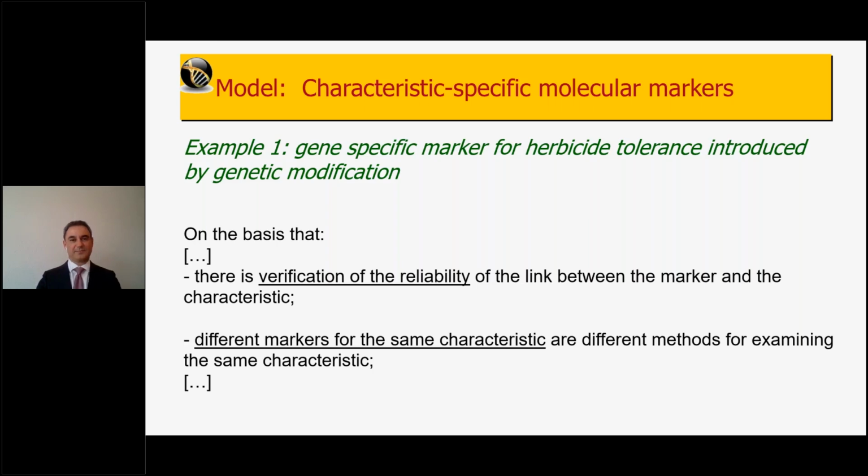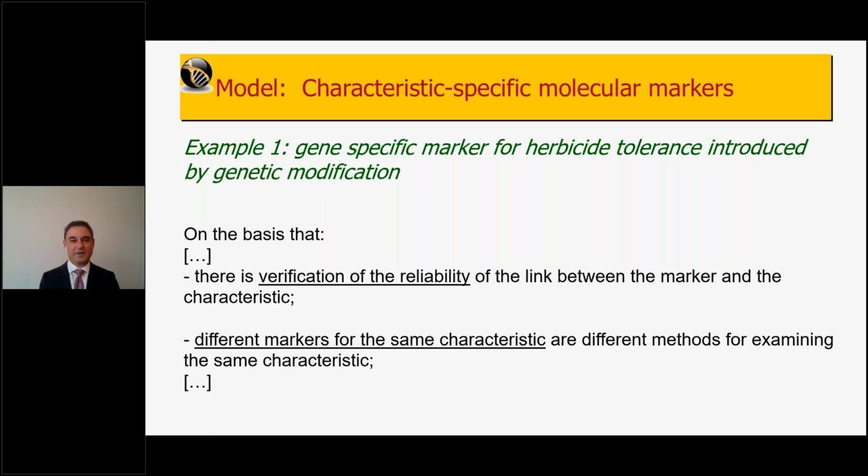There are two different models in document TGP 15, although the models are not numbered. The numbering may cause some confusion here, but the first model is characteristic-specific molecular markers.